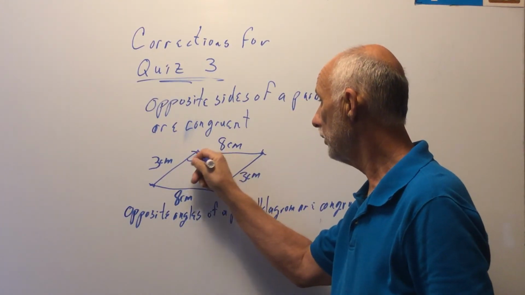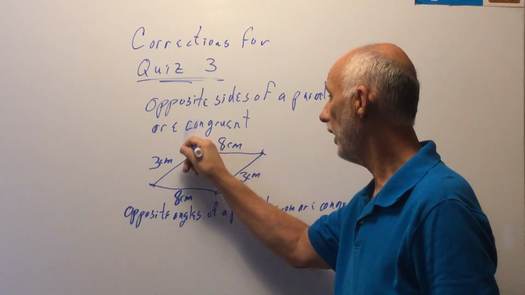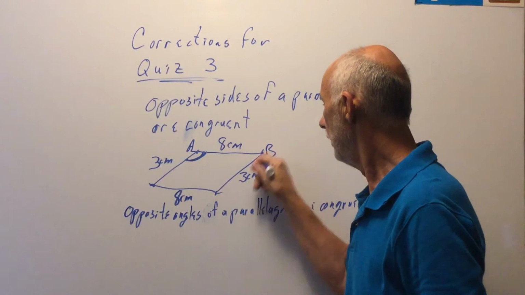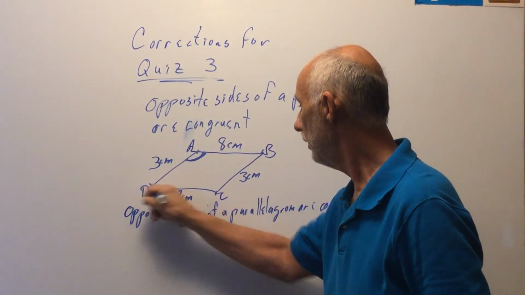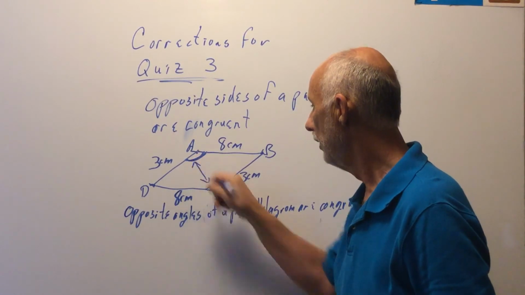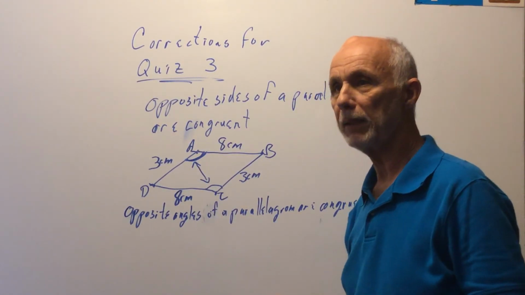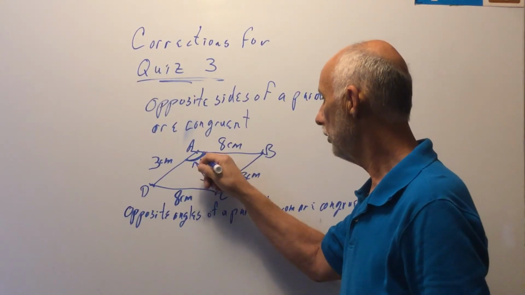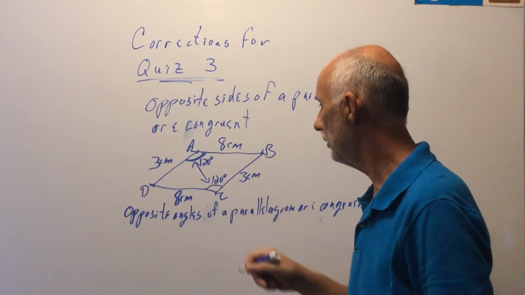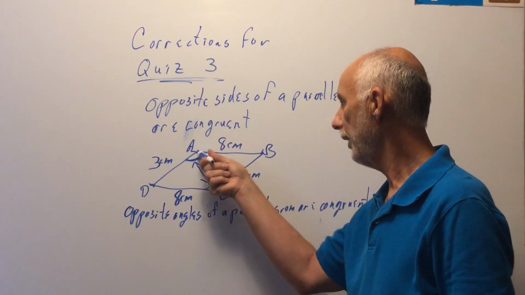So if this was angle, say, angle A, and this was angle C, they would be opposite each other, and they would have the same measurement. So say this was 120 degrees, then this would have to be 120 degrees, because they're opposite angles and they're congruent.